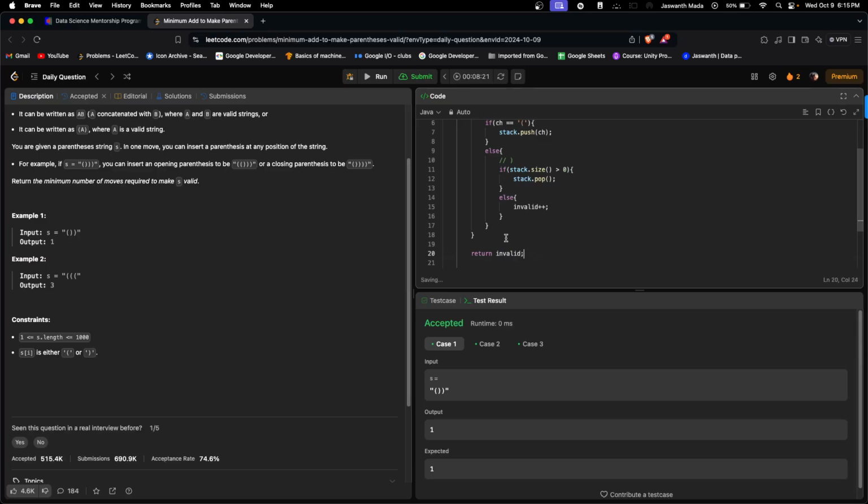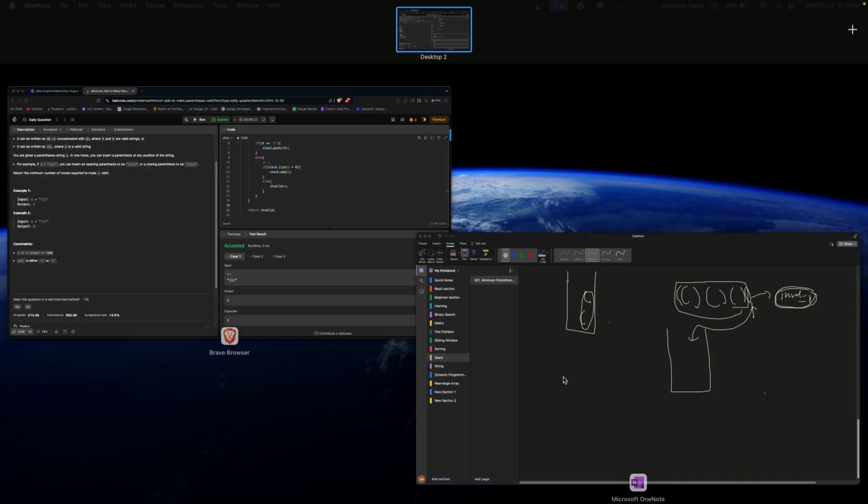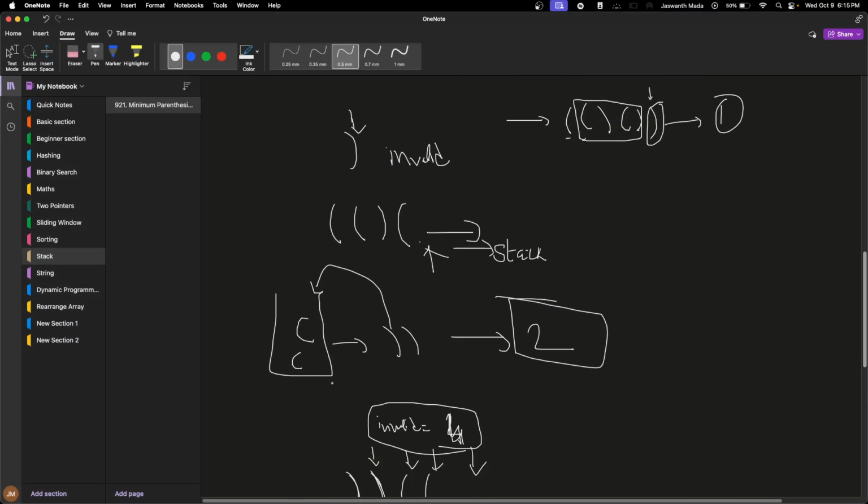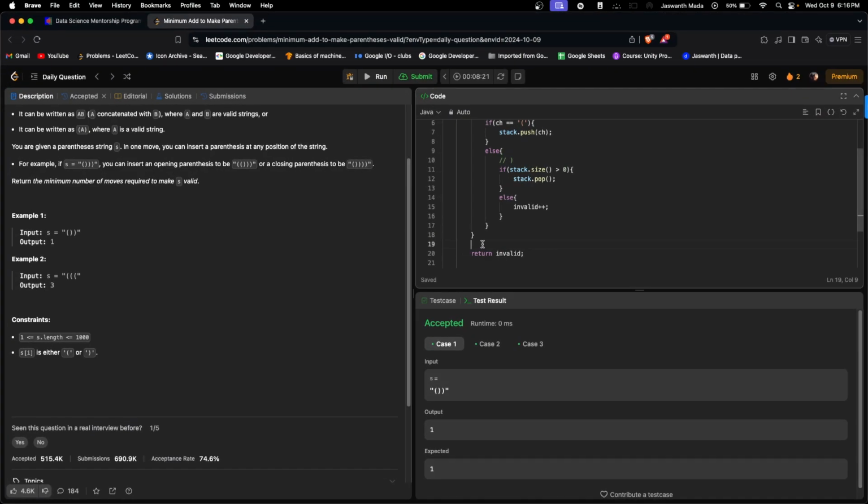That's it. Oh, at the end, if you take a look at this example, when we ran out of the string, we see that there are two left parentheses still residing in the stack. So these two are also invalid, right? We don't even need to check, but I'm just checking.